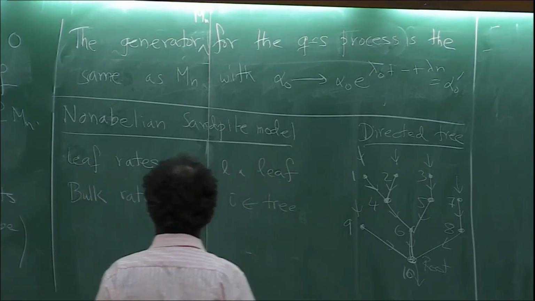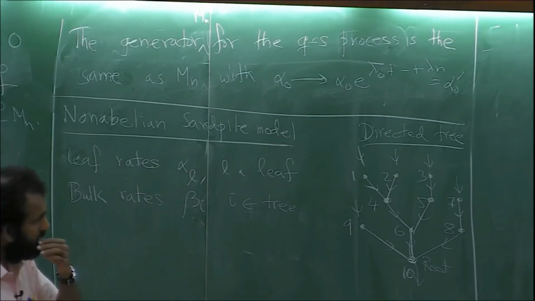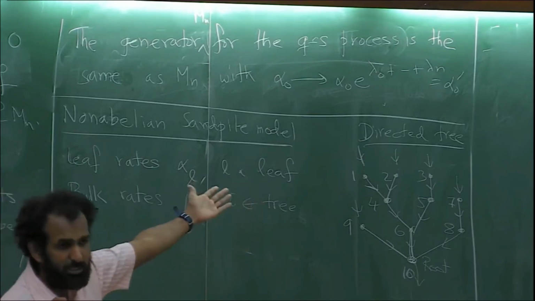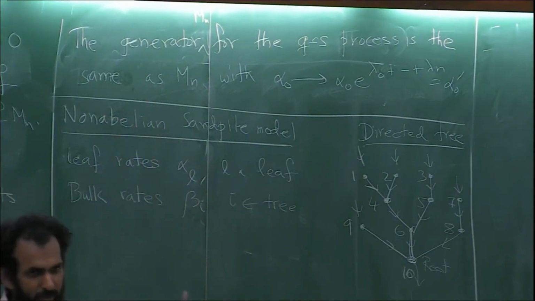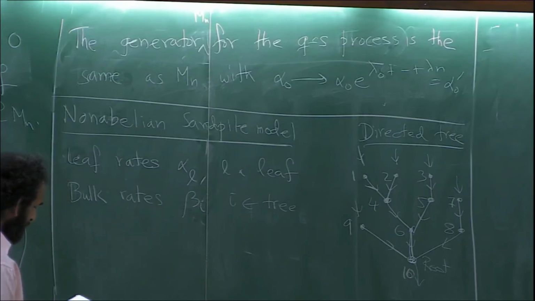Now again, just like I had parameters lambda i's for the one-dimensional model, which is a special case that is just a path, all this story generalizes in the following way.